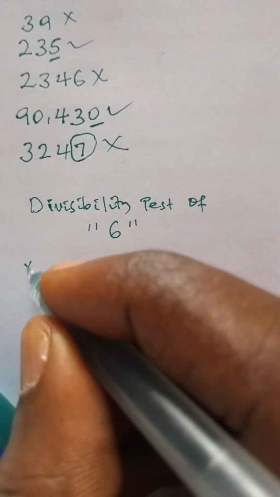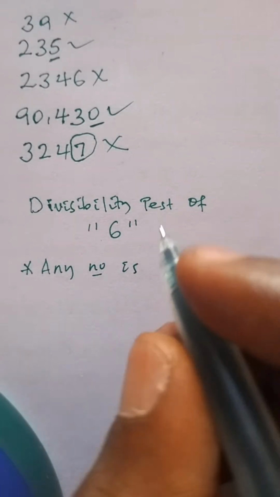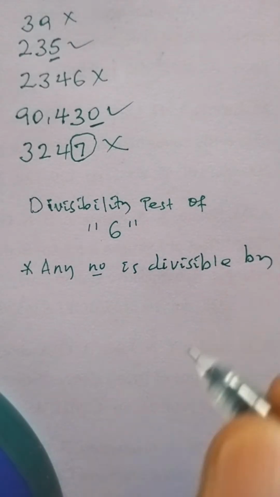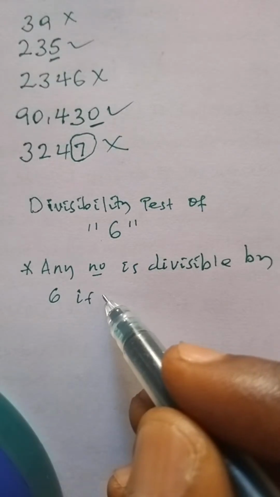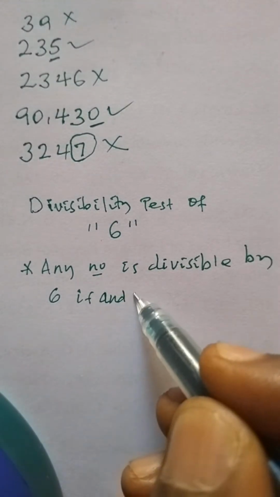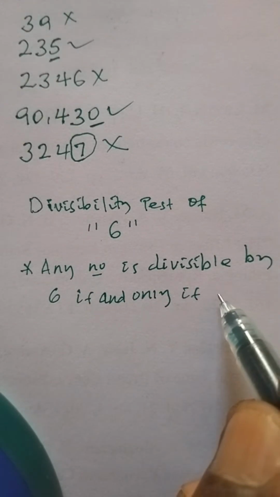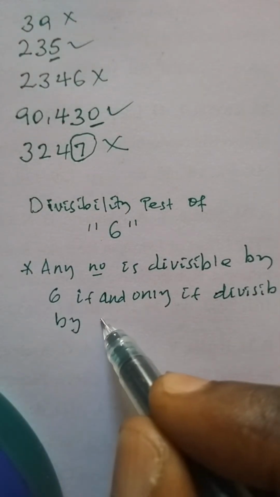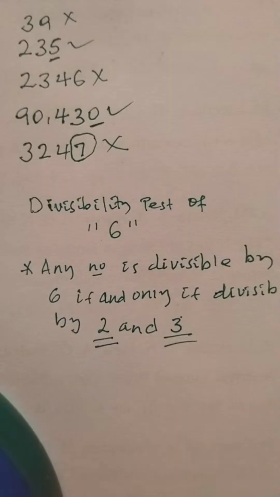Any number is divisible by 6 if and only if that number is divisible by 2 and 3.